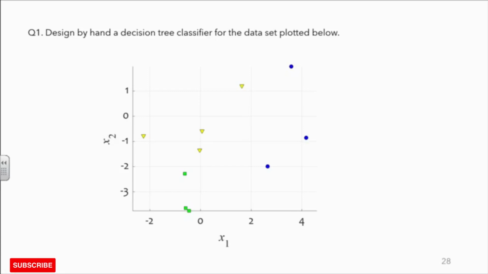X2. I want to keep the same convention. You said greater than before. We keep greater than. Minus 2.